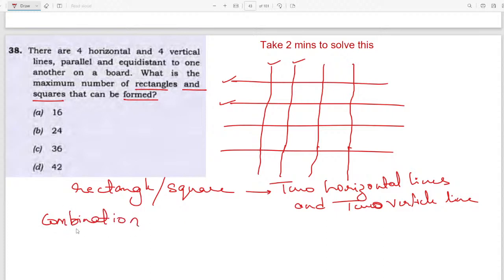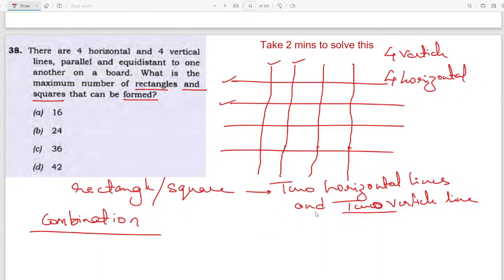In combinations, there is selection of items. So what we have to do here is, out of these 4 vertical and 4 horizontal lines, we have to select 2 horizontal lines and 2 vertical lines.